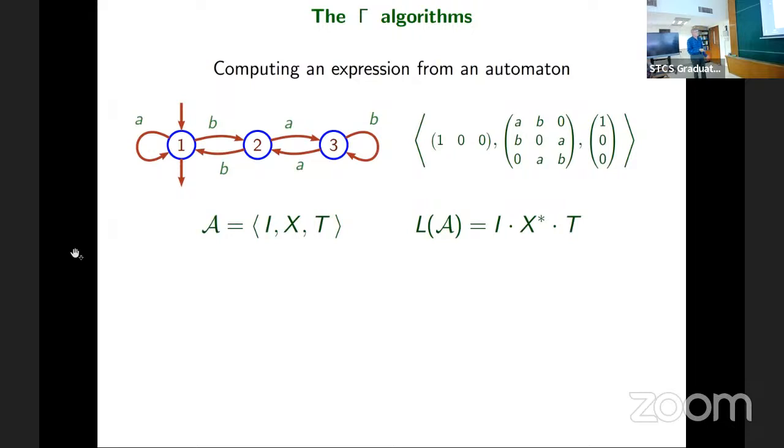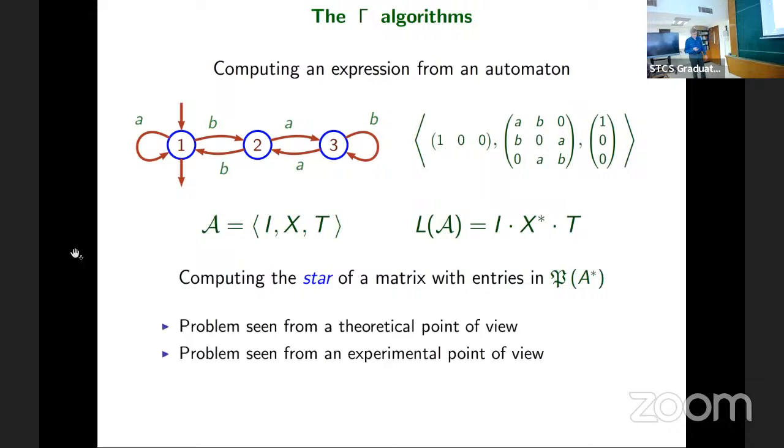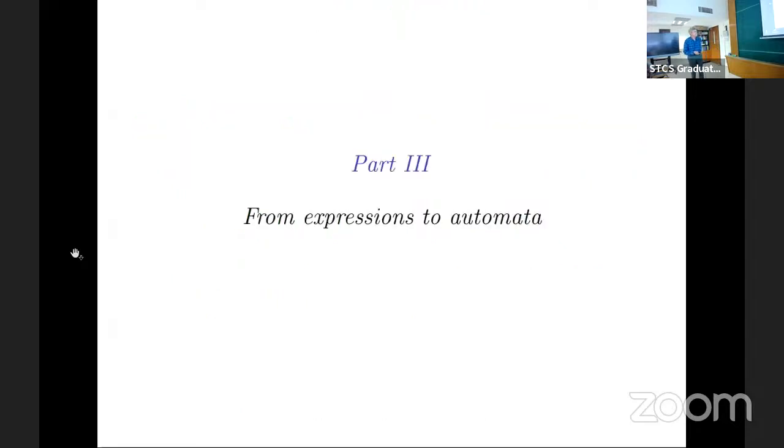No problem. Okay, and so the problem is to compute the star of the matrix. You can see this problem from a theoretical point of view, or from a practical point of view, and I push them always to the end. Okay, now this is the real subject.